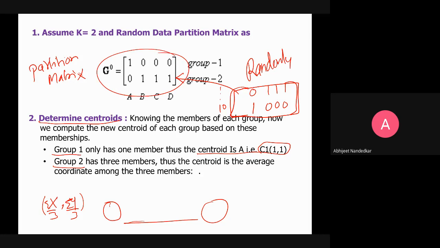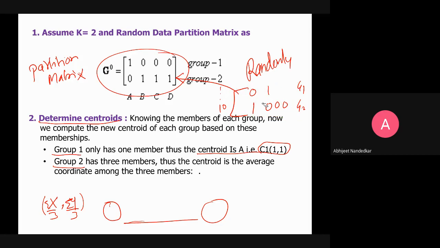There is no change, because this group now called group 1 and this group now called group 2 have the same number of samples and the same samples. So there is no change actually.